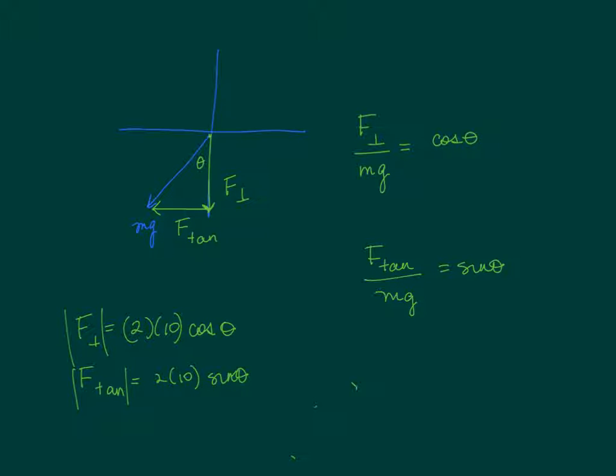Now, since we had decided that theta was equal to 30 degrees, we can plug in some numbers here. So this is 20 times the cosine of 30, which is 20 times 0.866, which will pop that in our calculator. And this one is 20 times the sine of theta, which is equal to 1/2. Okay? And we get 17.3 for this and 10 for this.